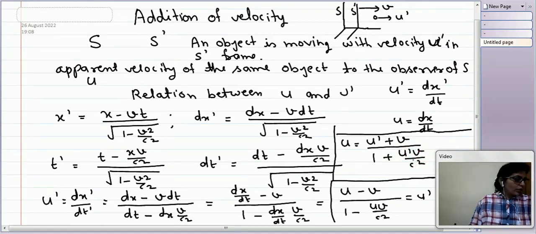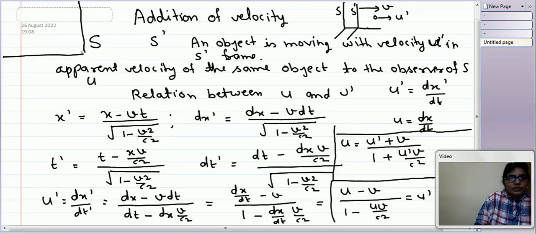So these are two relations: u dash is equal to u minus v over 1 minus uv by c square, and u is equal to u dash plus v divided by 1 plus u dash v by c square. Using these relations, we can show that the speed of light will remain constant.